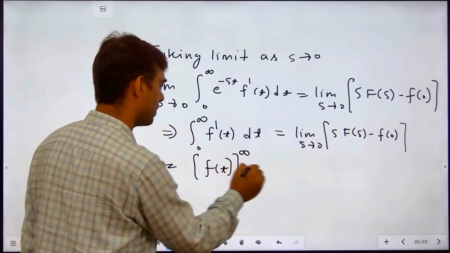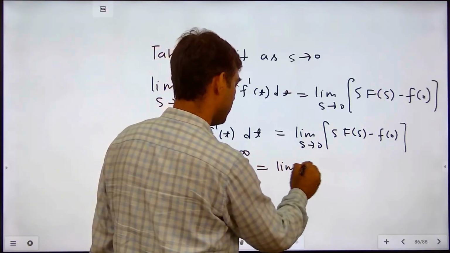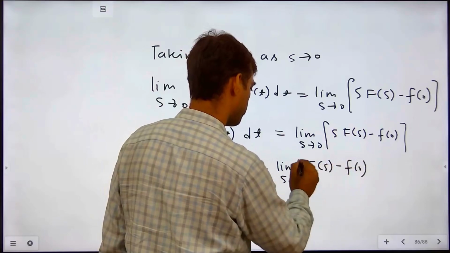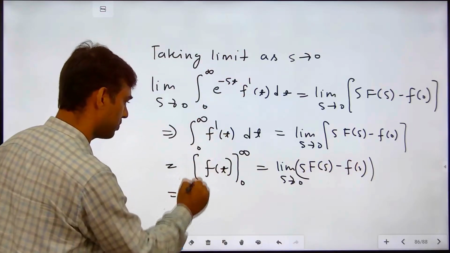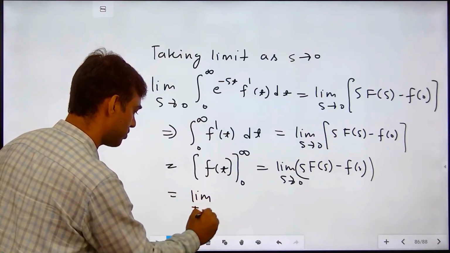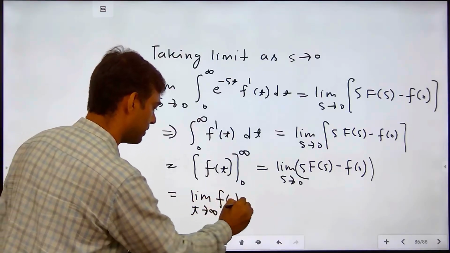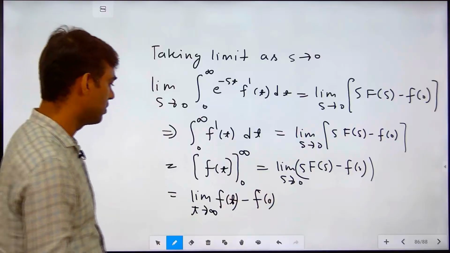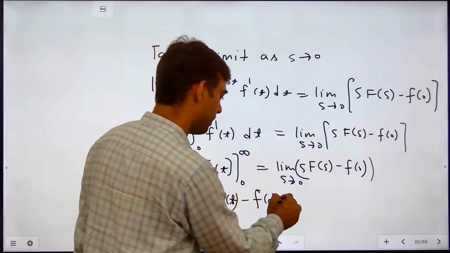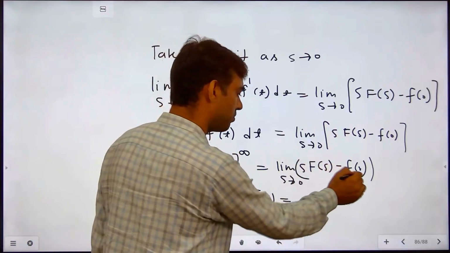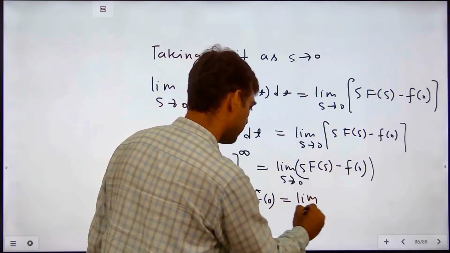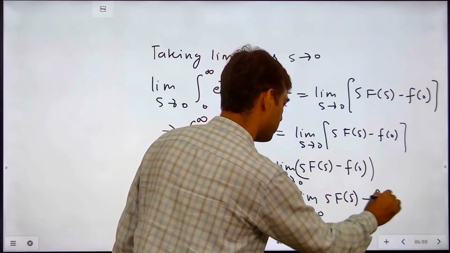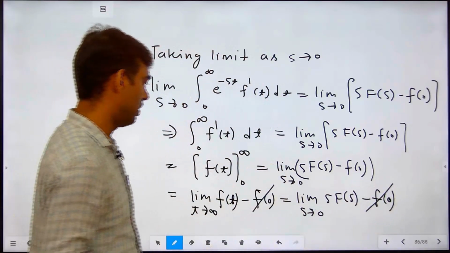Lower limit 0, upper limit infinity. After simplification, the first term becomes limit t tends to infinity of f(t), and the second term becomes f(0), and this one is free from s. So, this becomes limit s tends to 0 of s F(s) minus f(0). So, this one cancels out, and what is the result?